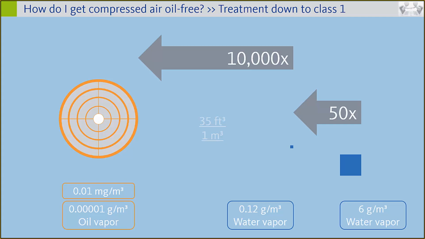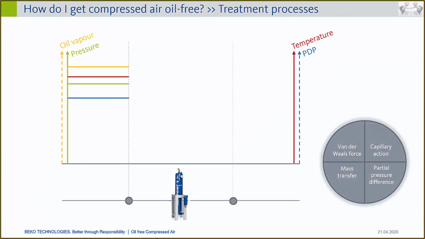So after this example, I would like to shortly show what the processes look like and what is the influence of the processes, the two different ones. Let's start with the example of adsorption with activated carbon. So we picked up these four parameters: the oil vapor and pressure on the left scale, and the temperature and the dew point on the right scale.